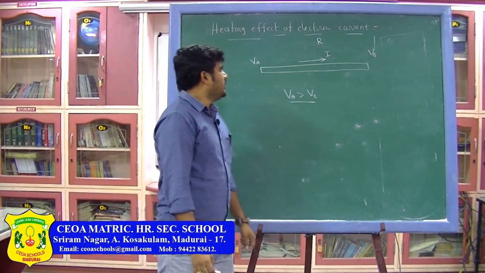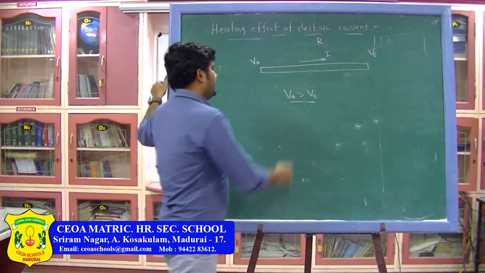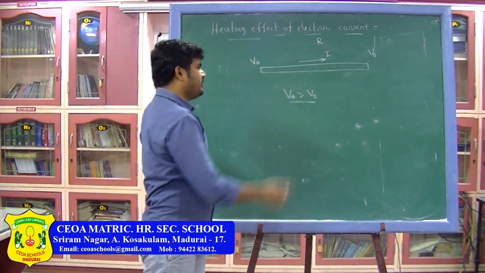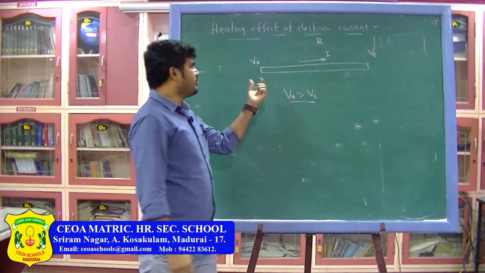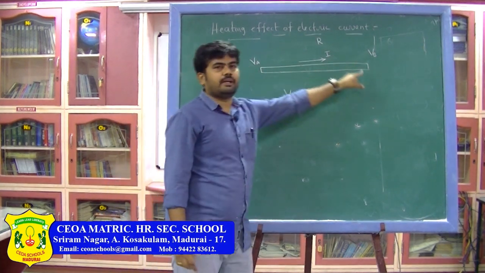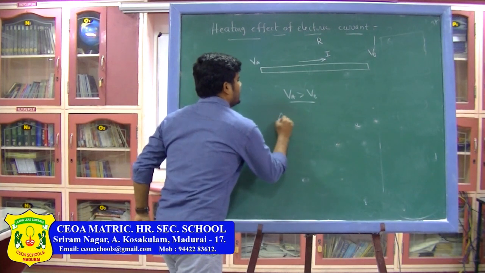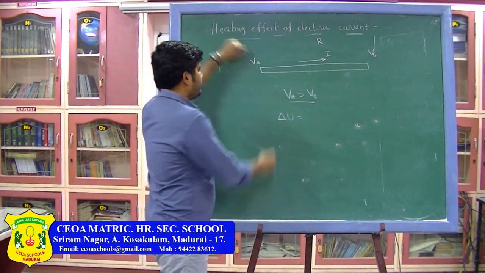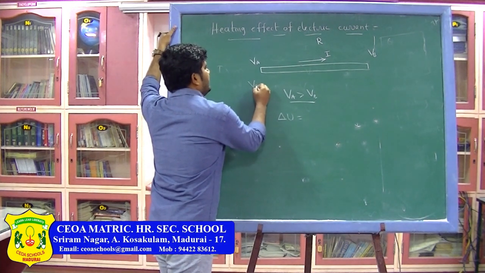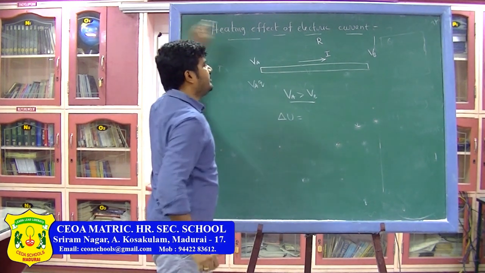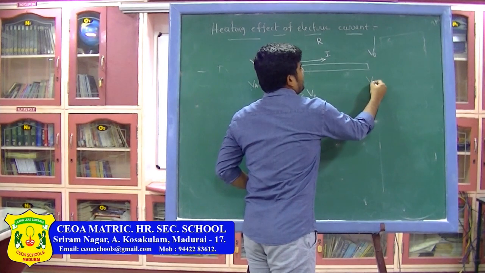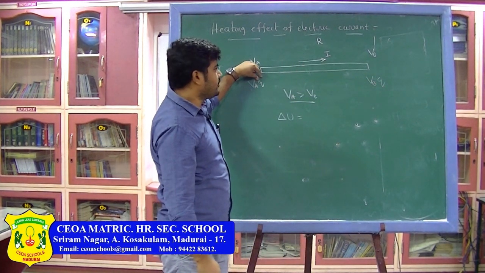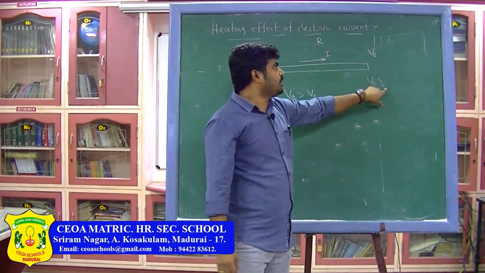Now suppose Q amount of charge is moving from one end to the other end, so then the change in potential energy of the charge, say delta U, is equal to, we know potential energy at this end for the charge is VA into Q, and at this end the potential energy is VB into Q, where VA is potential at this end and Q is a charge, and VB into Q is the potential energy.